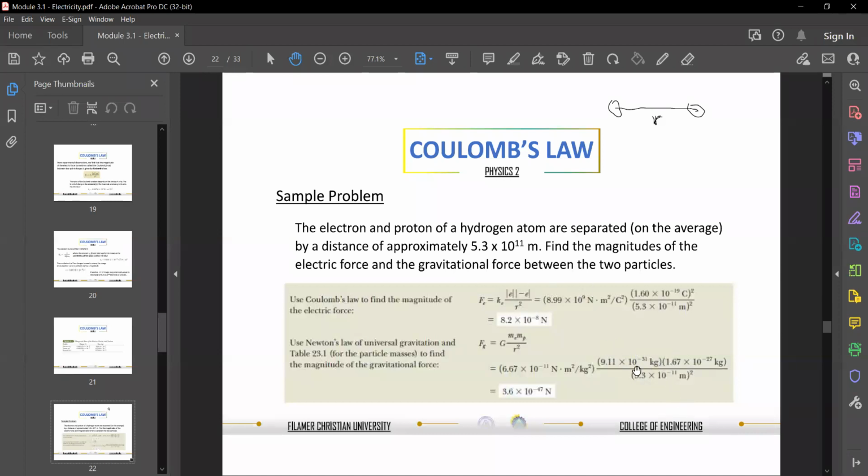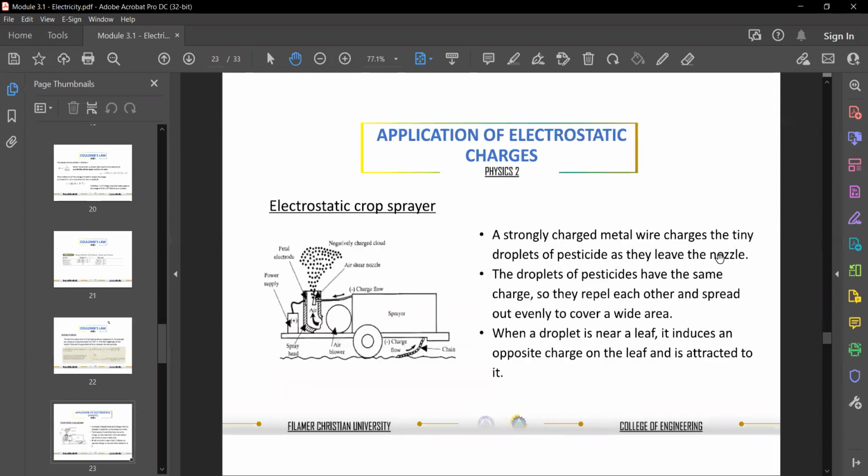Then of course we use the same radius. So you have your gravitational force of 3.6 times 10 raised to negative 47 newtons. So this is easy. It is just a review of Physics 1.